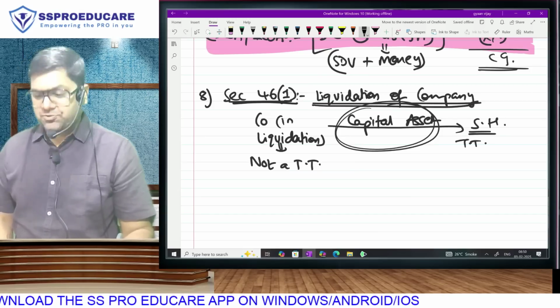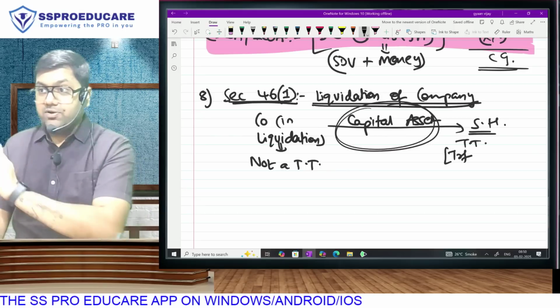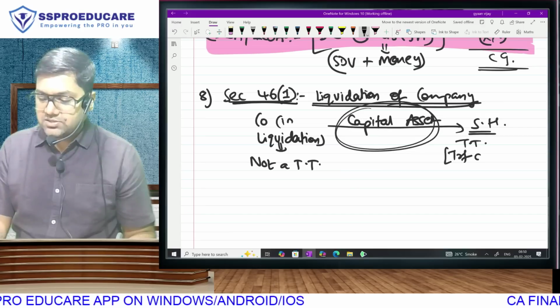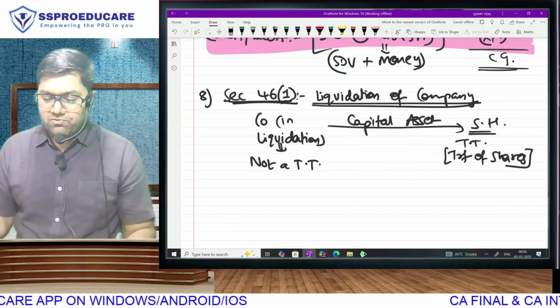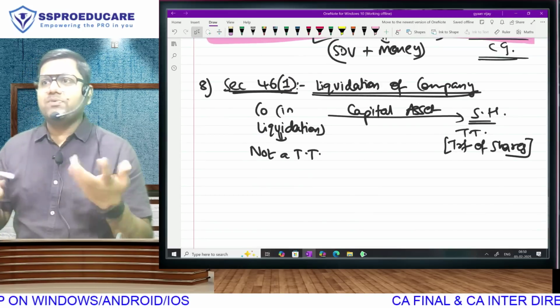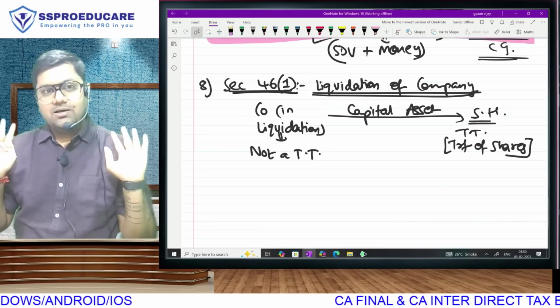Land is not getting transferred. Get this mistake rectified right away, because if you don't think this correctly, you are in the wrong direction already. This is transfer of shares. Think about it as a shareholder. What did you purchase and you are still holding? Shares. Suddenly the company says, your shares, Baba. Correct or no?